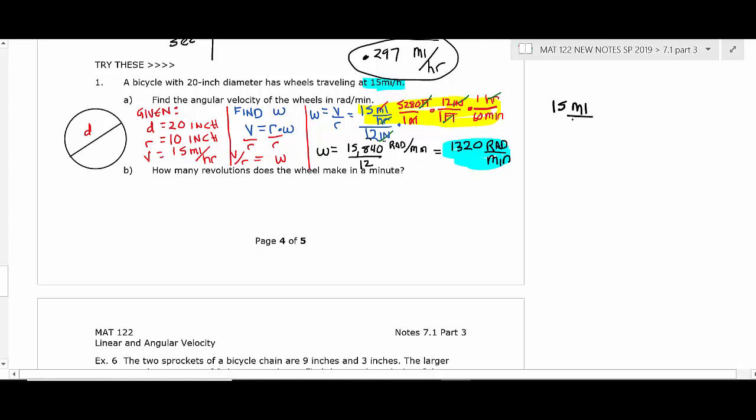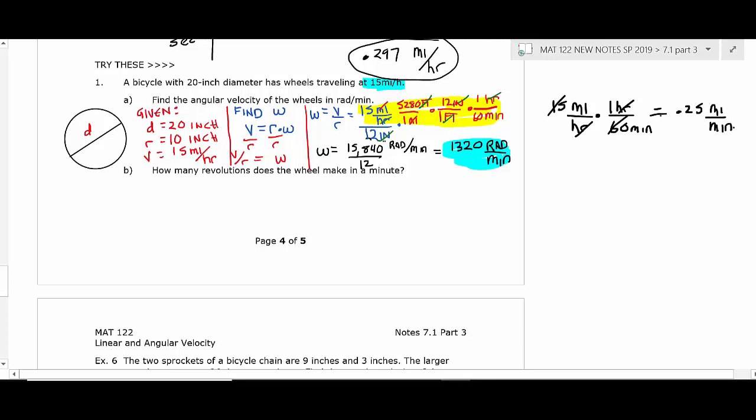If you start out with 15 miles per hour, well, if you're going to get radians per minute, then one thing that you might want to do is just go ahead and get this out of the way. So you know in 1 hour there are 60 minutes. Okay, so by doing that, you would have 15 divided by 60, if you calculate that, is 0.25, and then you would be miles per minute.